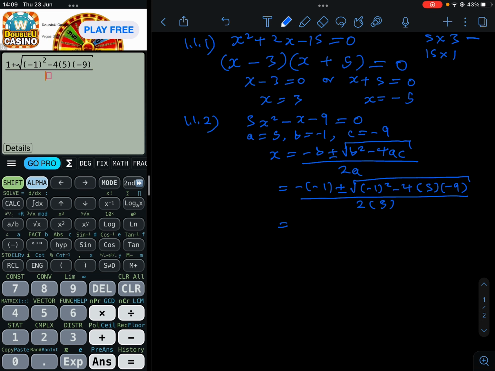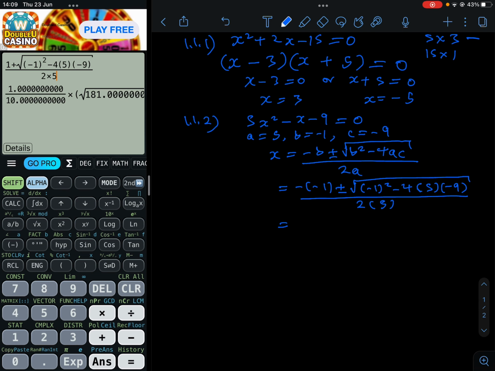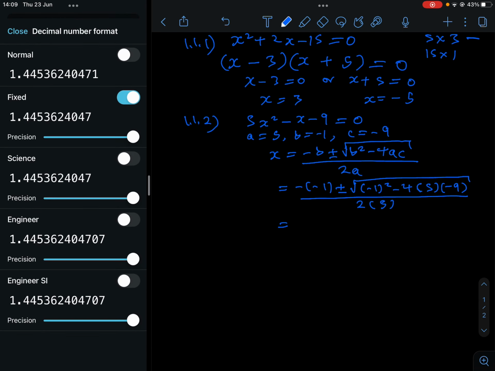Then I have to divide by 2 times 5, and that gives me this answer, which I need to convert. So it is 1,45. They said we must round off to 2 decimal places, so it's 1,45, as you can see there.